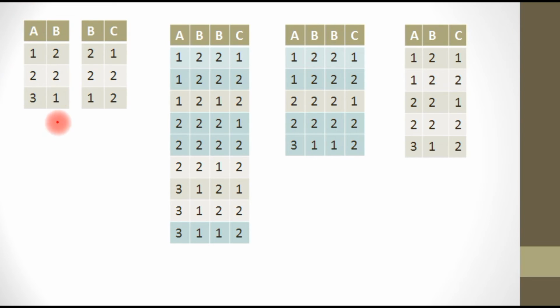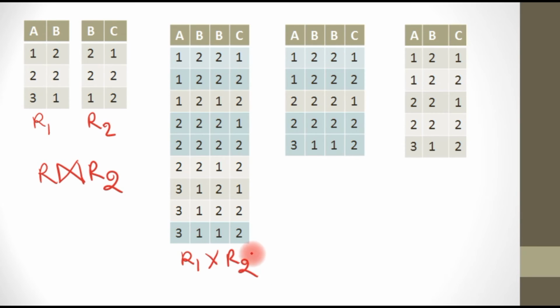In this example we have two relations, R1 and R2. To find the natural join on these two relations, first you have to find R1 cross R2. You know how to find this R1 cross R2. Now second, you have to select those tuples from R1 and R2 where the common attribute values are the same.